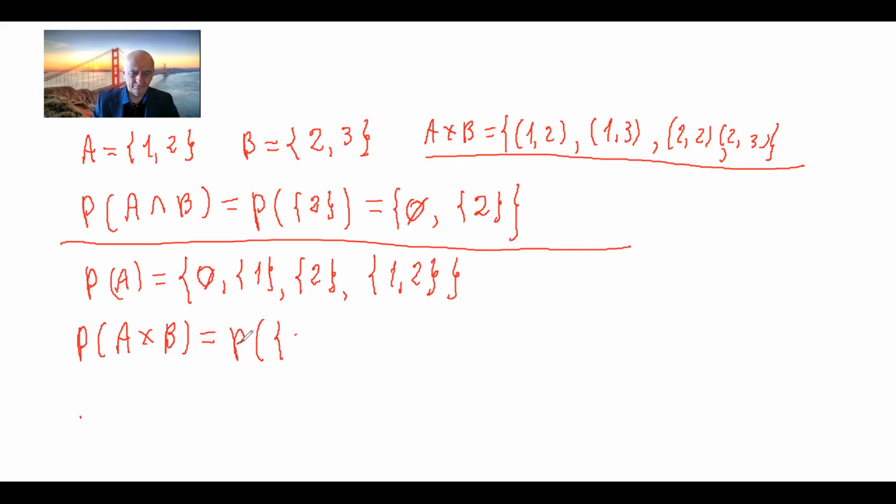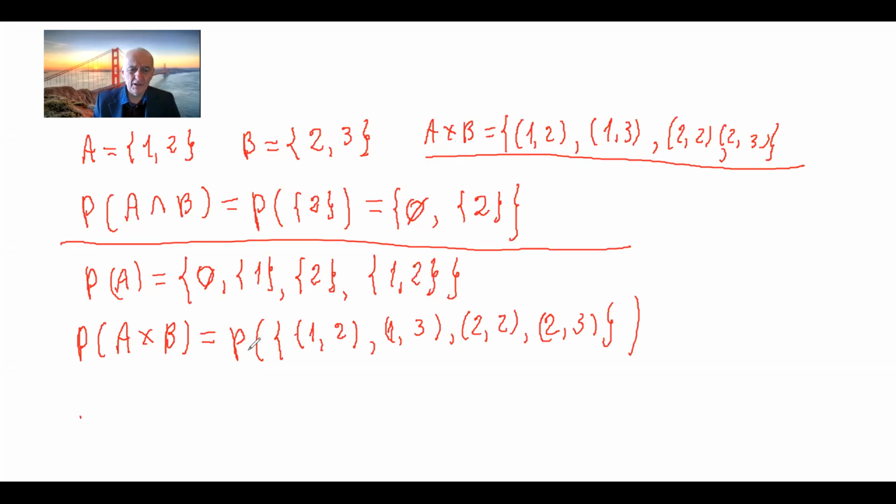So we need here to find P of {(1, 2), (2, 2), (2, 3)}. I will just rewrite it. So the Cartesian product is a set of pairs.